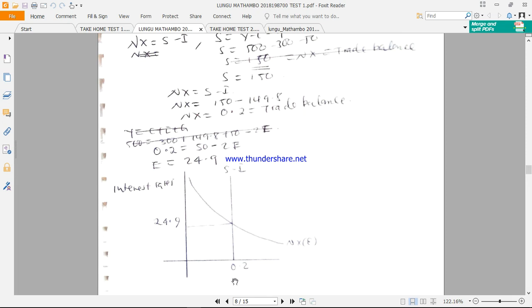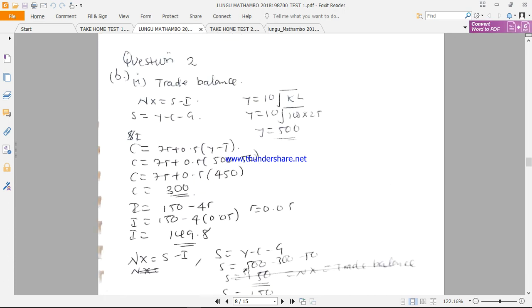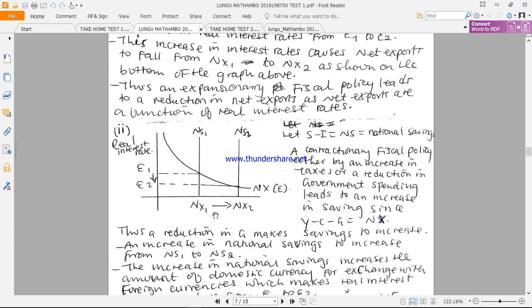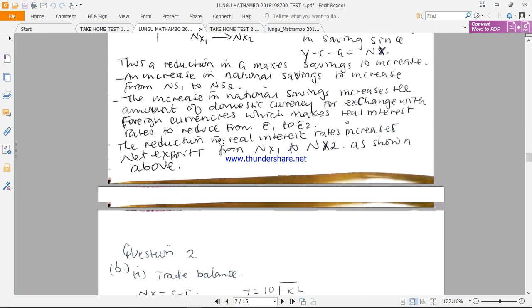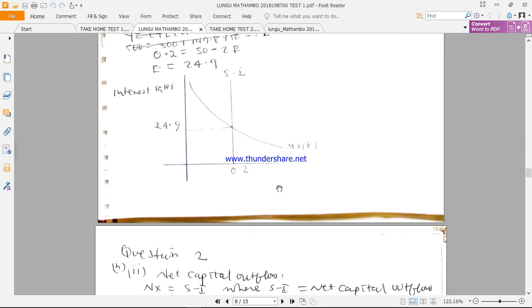What's found on the X axis? This is what is found on the x-axis: the real rate of exchange. So on the horizontal axis we have the net exports, and on the vertical axis we have the exchange rate. All right.